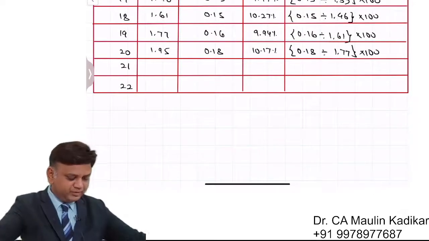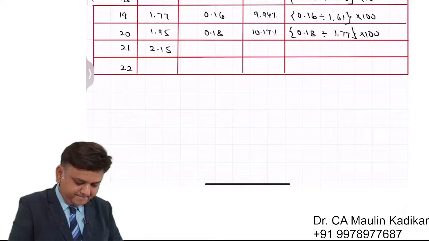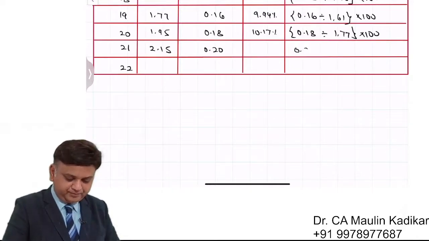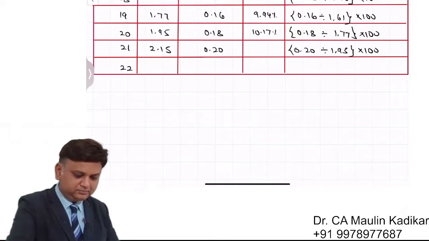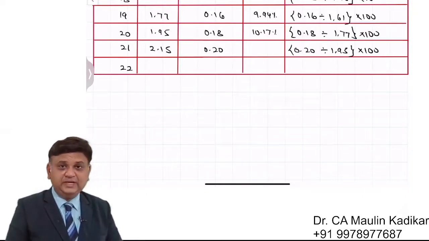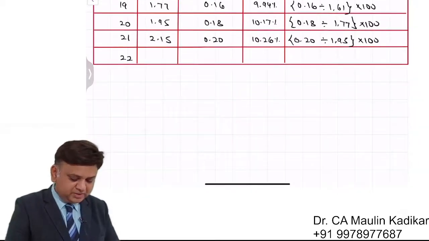Next is 2 rupee 15 paise. So it is 20 paise. 20 paise divided by 1.95 into 100. That comes to 10.26 percentage. Next is 2 rupee 36 paise.